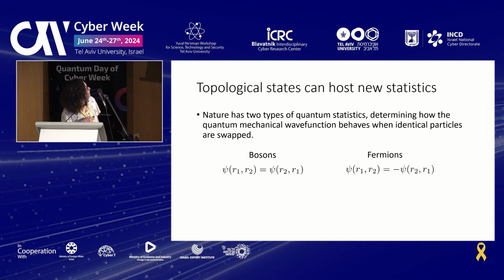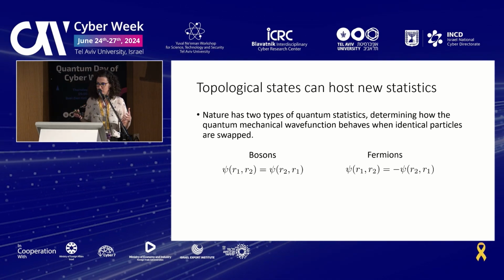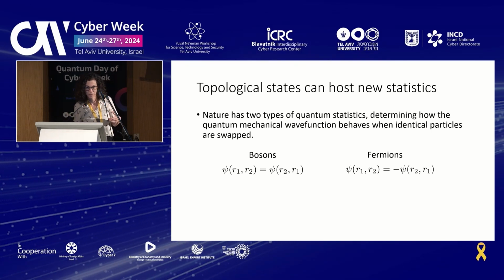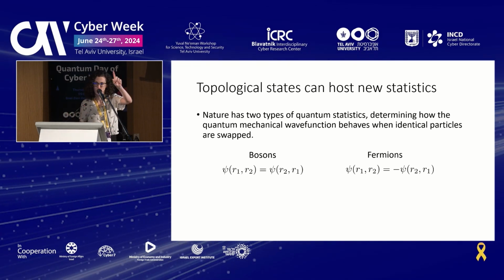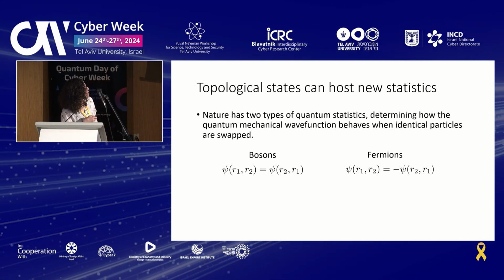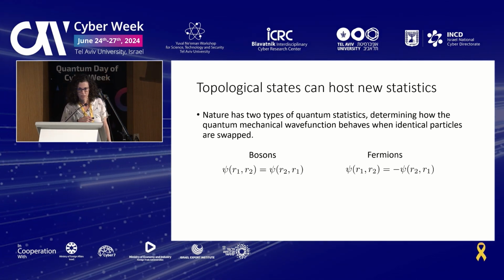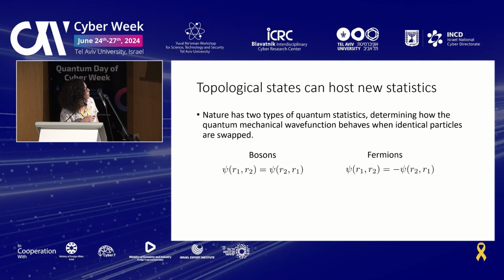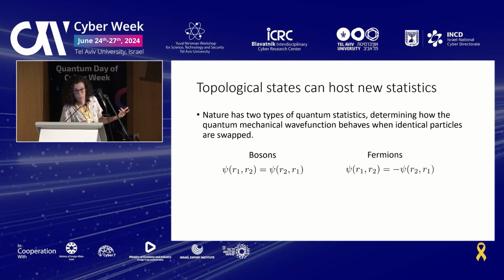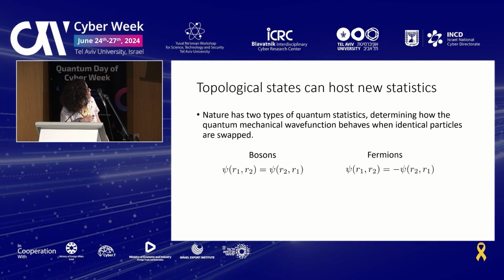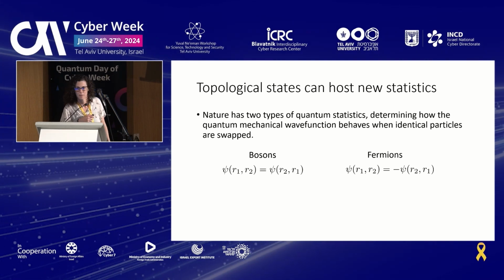So in nature, in our 3+1 dimensional universe, 3 spatial coordinates and one time, we only have 2 types. They are called bosons and fermions. If we have a collective state, with multiple particles, then the quantum mechanical wave function, when 2 of these are swapped, let's say the positions are swapped, for bosons nothing happens to the wave function, and for fermions there is a minus sign.